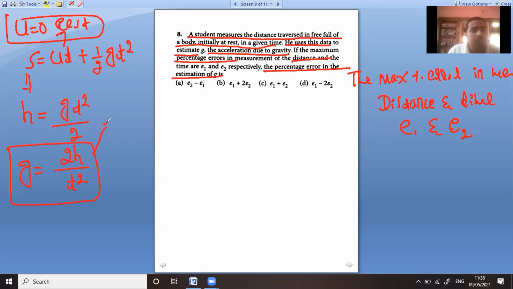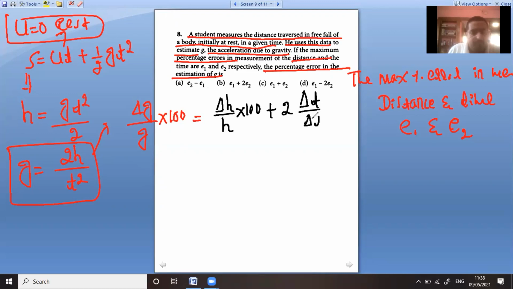Now for the percentage of error, delta g by g into 100 is equal to delta H by H into 100 plus 2 into delta T by T into 100.